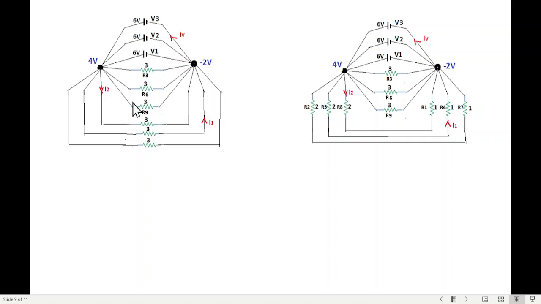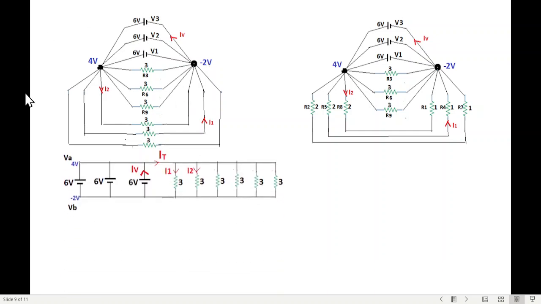So this one I connected like this, and the easiest way I thought is to redraw this circuit by tilting it. When you tilt it left, then you get this arrangement. Now from here, I1 and I2 we have already found, but you can easily find that 6 volt divided by 3 will be I1, and 6 volt divided by this 3 will be I2. But we need to find IV.